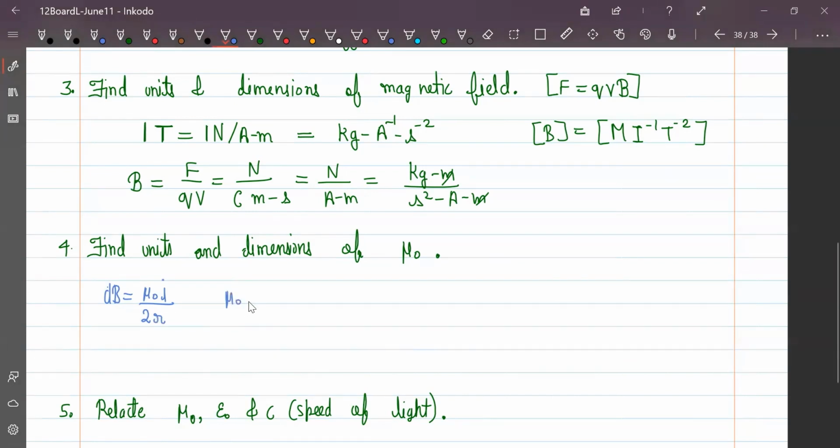As in mu naught, you will get the relation to be BR upon I. So B का unit, R का unit upon current है.